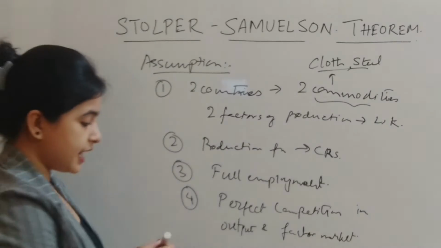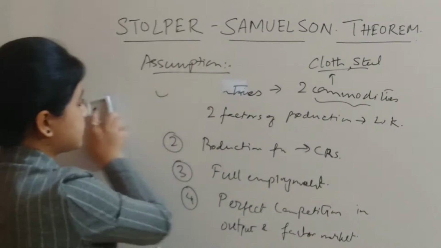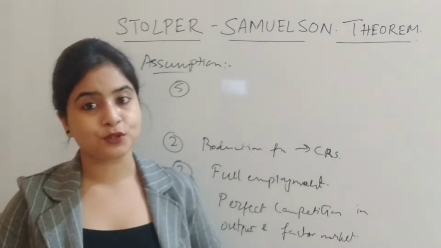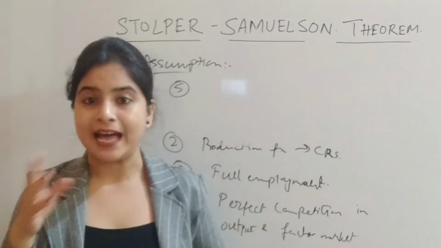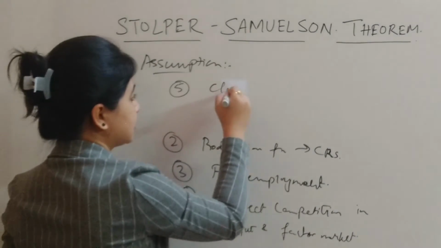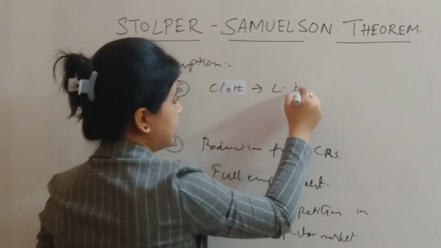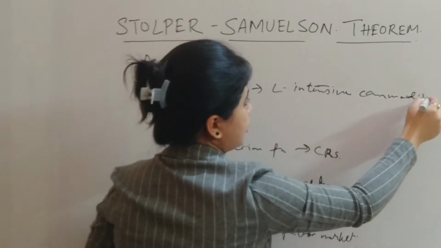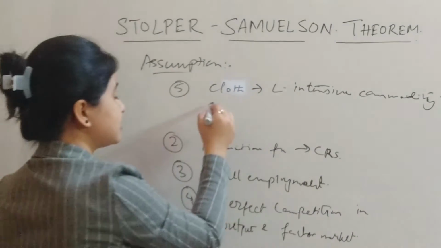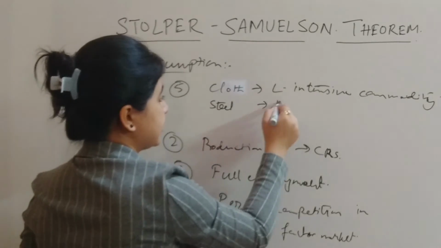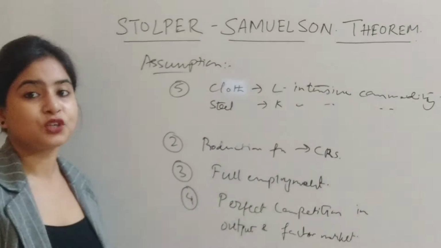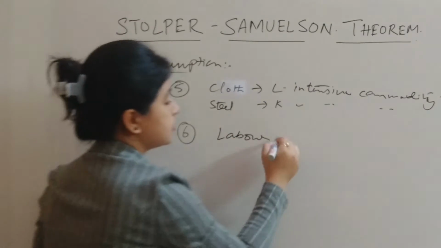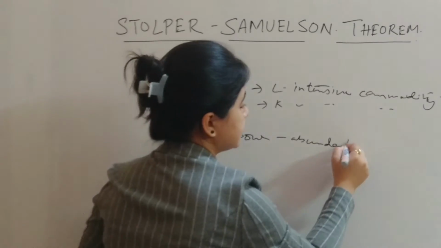Okay. Next, the fifth assumption talks about the two commodities that the world is producing, that is cloth and steel. Here it is assumed that cloth is a labor intensive commodity and steel is a capital intensive commodity, and our home country is assumed to be labor abundant, we can say.